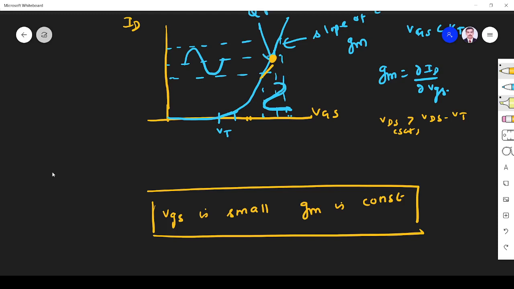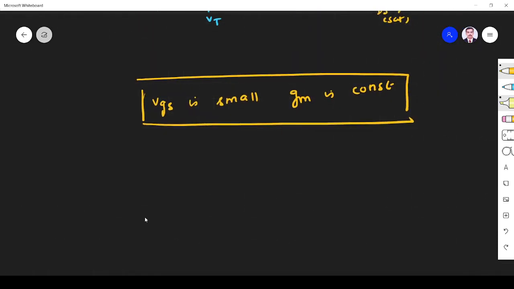Okay. So when the Q point is in saturation, the MOSFET operates as a current source, because in saturation the current is constant. That is another point we have to remember.